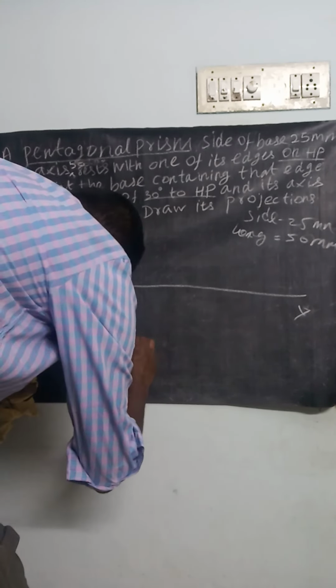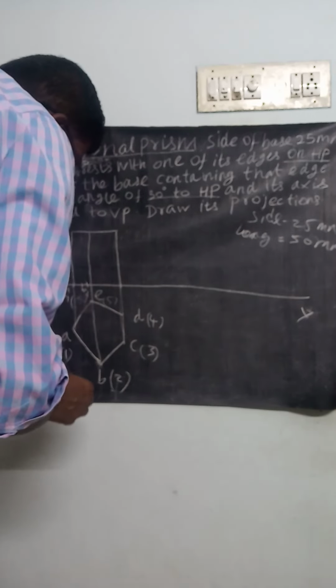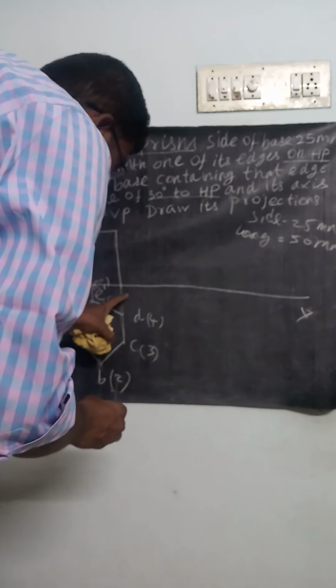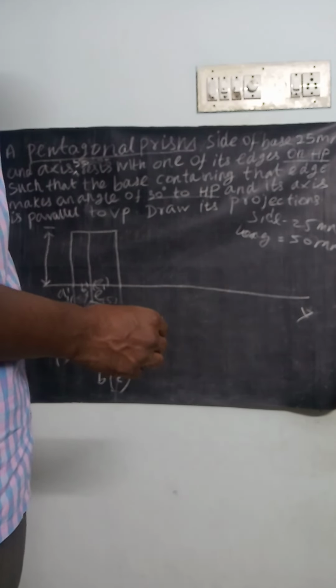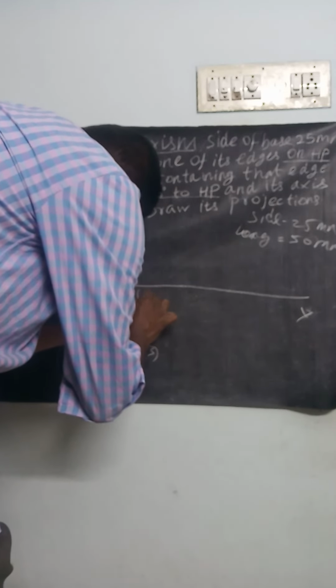The given length is 50 mm. Next you put the names: A dash, A1 dash, next B1 dash, then closing bracket E1 dash, next this portion, C dash, C1 dash, closing bracket D1 dash.